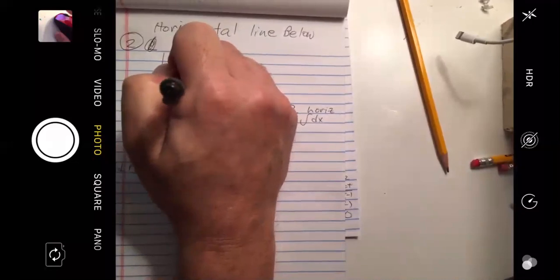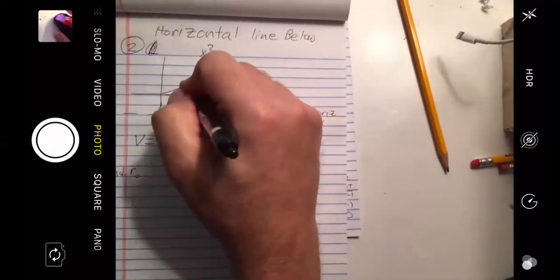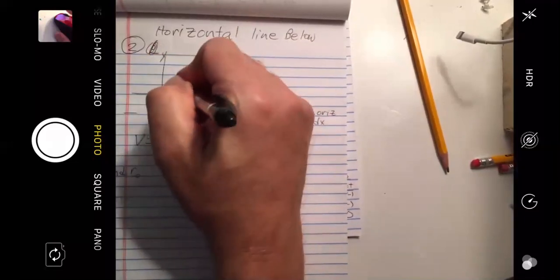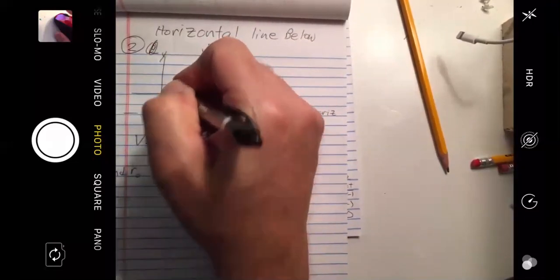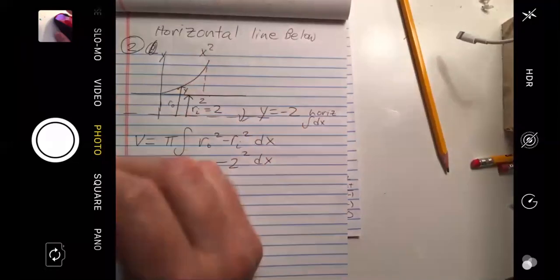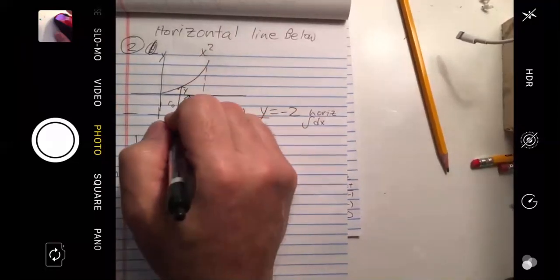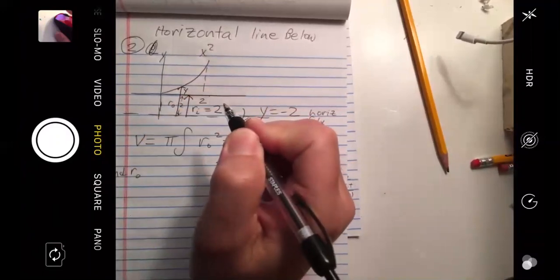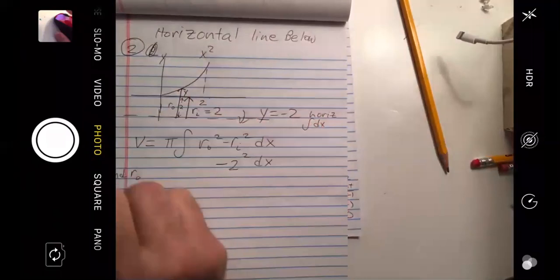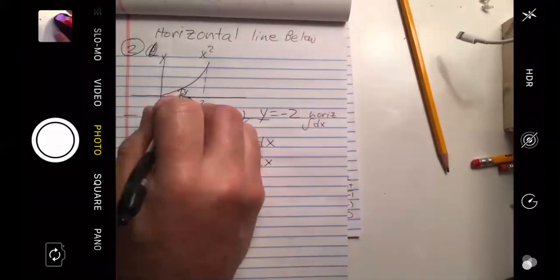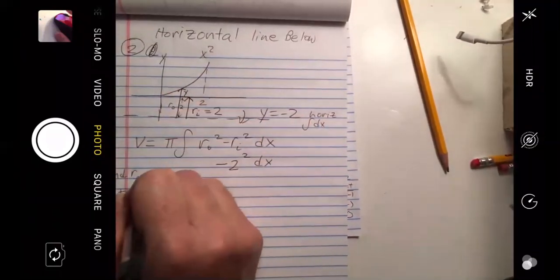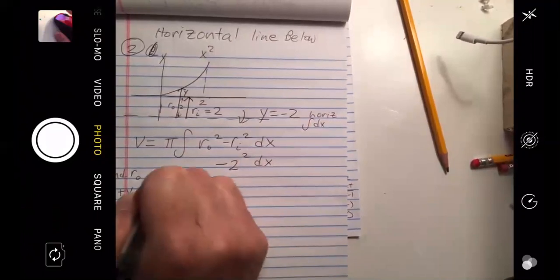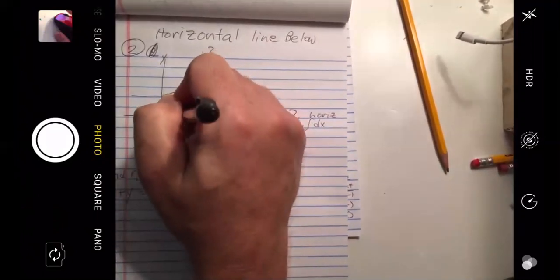From the x-axis up, it's called y because you're parallel with the y-axis. You'd have 2 to here. So really on this one, it's 2 plus y equals your outer radius, or your outer radius is y plus 2.